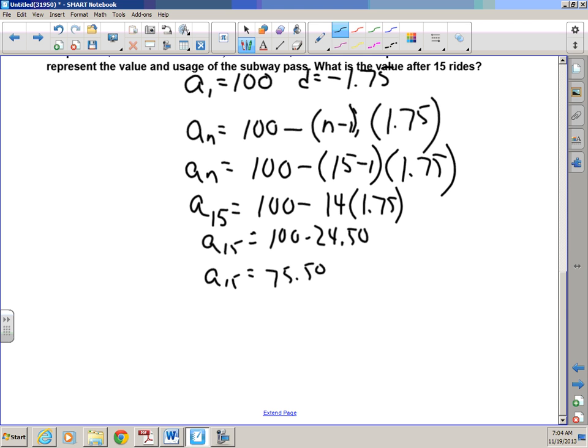So there is your value. An arithmetic sequence is a representation of numbers that have a common difference, and we can turn arithmetic sequences into formulas that allow us to figure out numbers later down in this sequence.